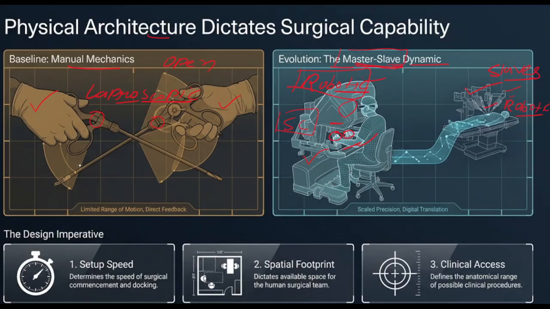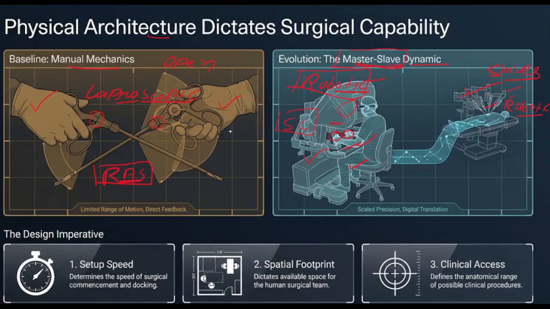That's why it is sometimes called RAS, robotic assisted surgery. Robots are there, but because of human intervention, it is called robotic assisted surgery. You understand the concept?